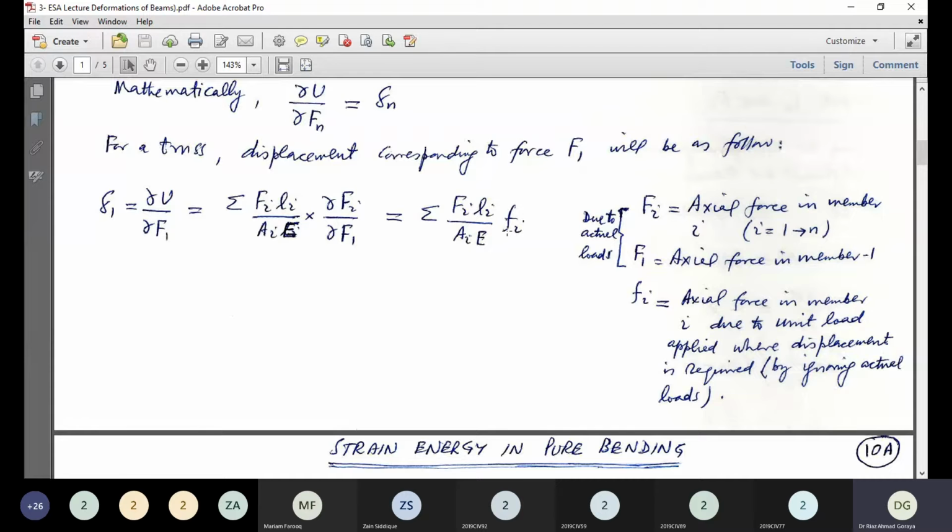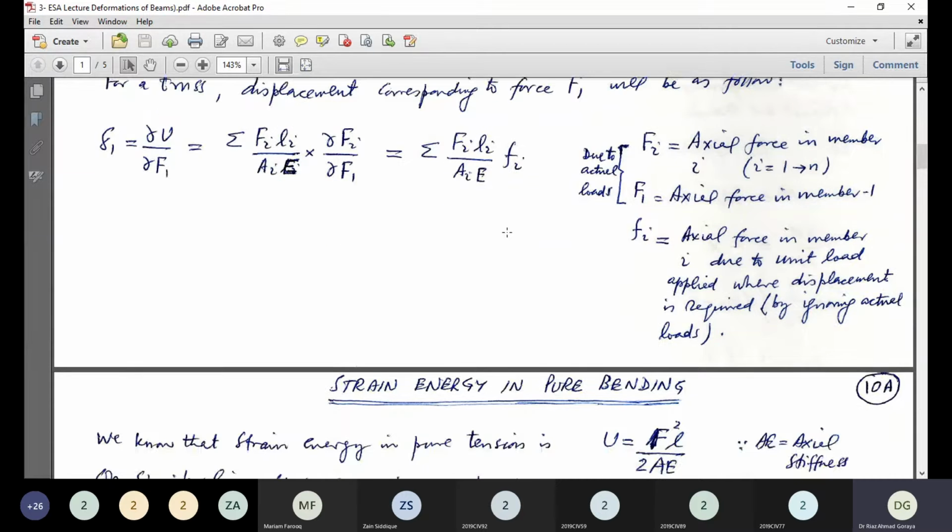Now what is capital Fi and small fi? Look at this on the right side. Capital Fi is the axial force in member i, where i varies from 1 to n. Capital F1 is the axial force in member 1. Both of these are due to the applied, actual loads.